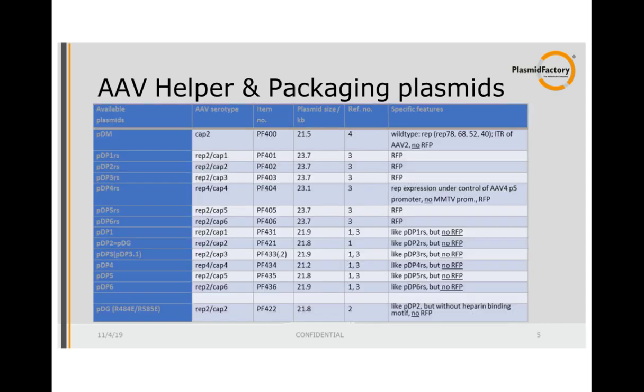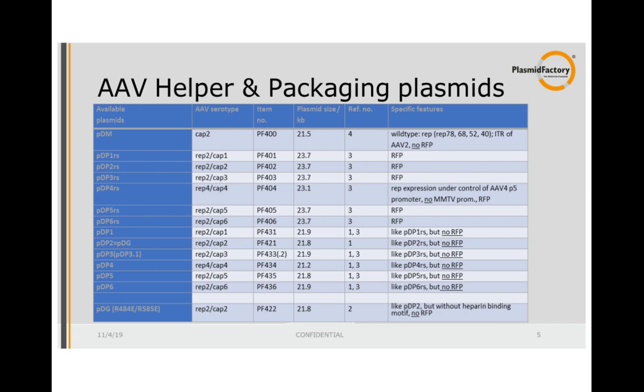There is different types of available plasmids carrying the helper and packaging functions. So just some examples here. There is Cap2 always, with one exception, and different serotypes, Cap1, Cap2, Cap3, and so on. So this is available with or without red fluorescence protein, where you can monitor if the transfection works in the cell.